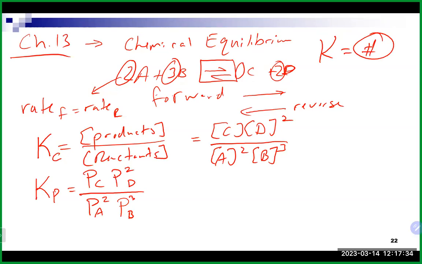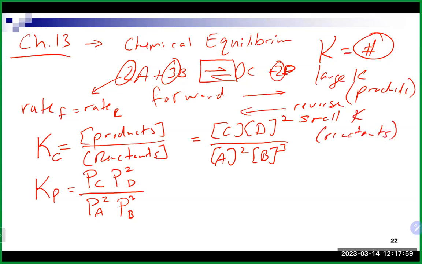And what that number usually tells us is what we could expect to be there when we reach equilibrium. If we have a large value of K, that means we would mainly expect products to be there at equilibrium. And if we have a small value of K, we would mainly expect reactants to be present at equilibrium.